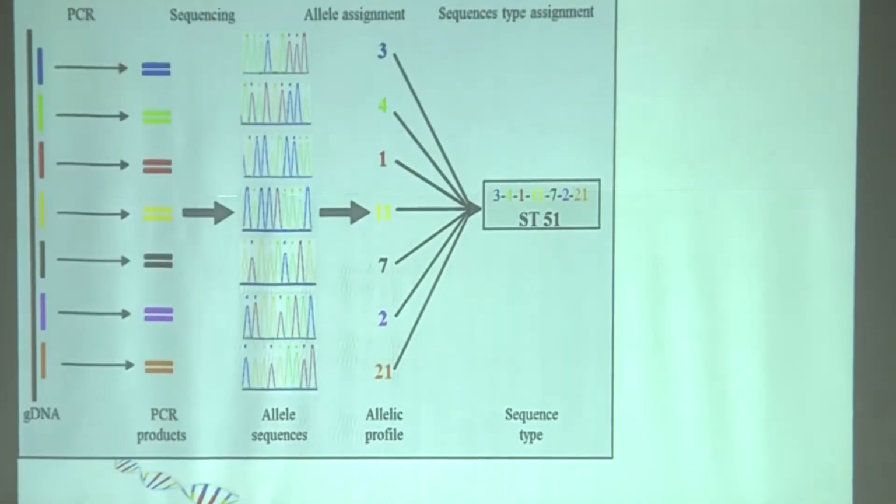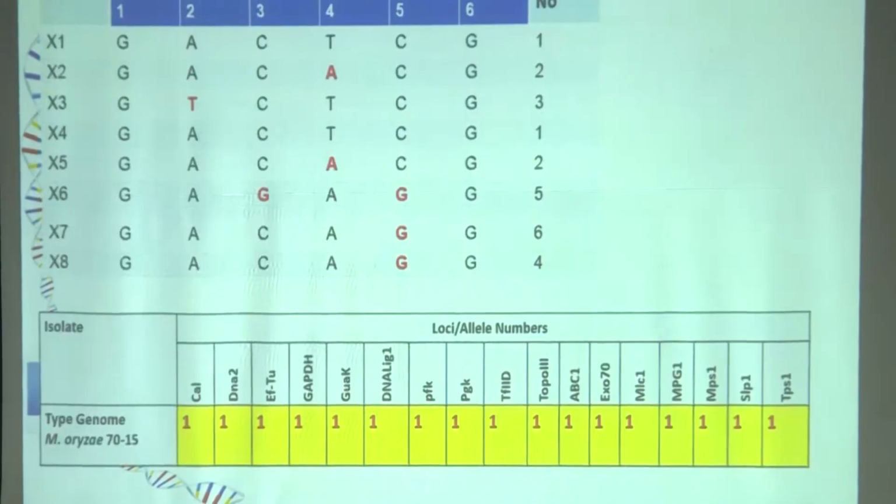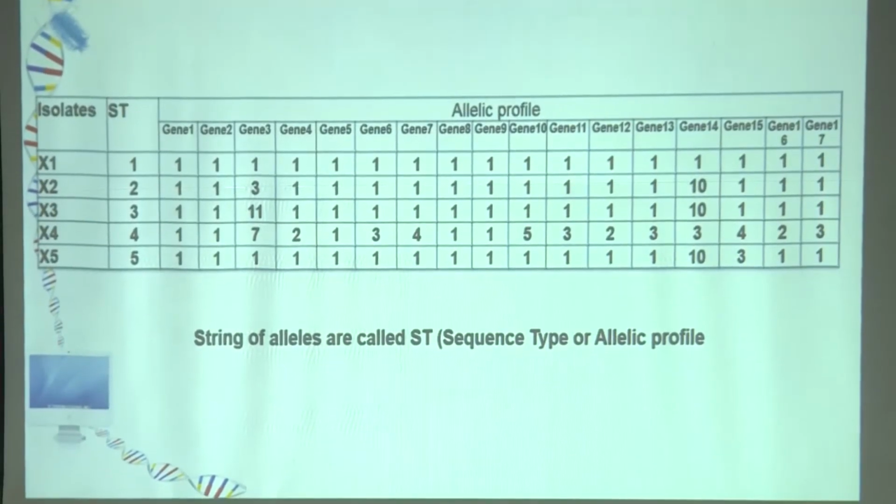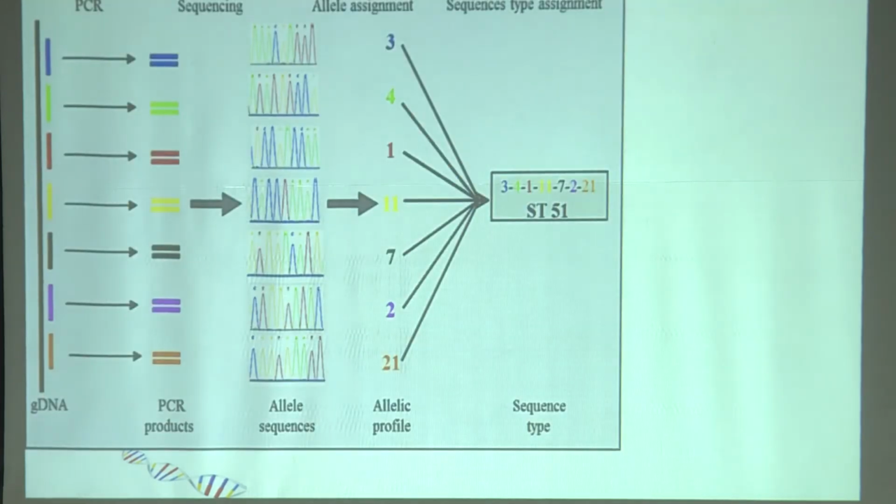Now how to analyze this data? Can we convert this data into a kind of matrix? Possible? It's a matrix only, right? So what we do is put all the numbers together in an Excel sheet.